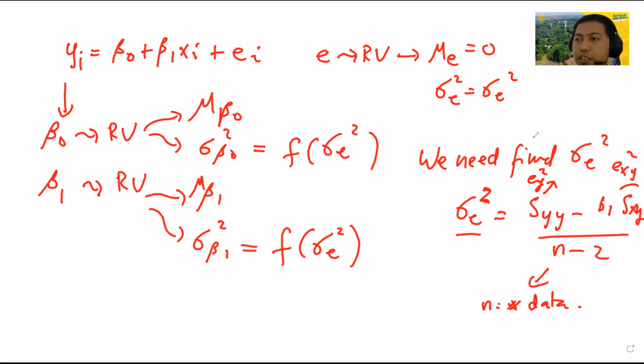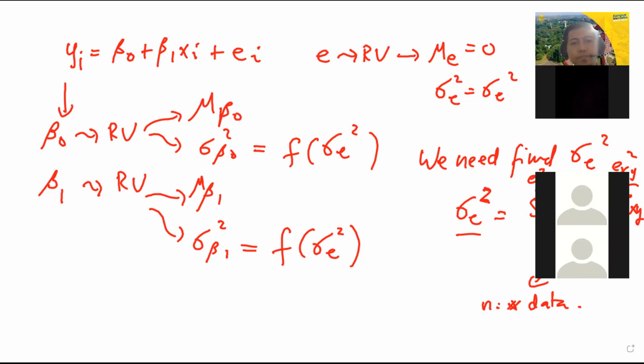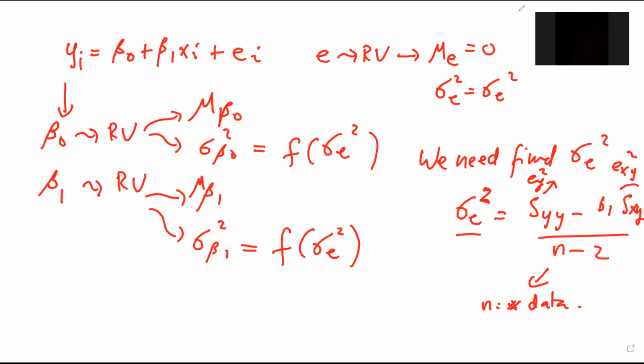Okay, is there any question? I know it feels hard, but anything you get from my explanation, maybe you have an opinion, please. Sir, I have a question, sir. Yes. So the standard deviation or the variance of B0 and B1 is a function of the standard deviation of the error. So how to find the function?